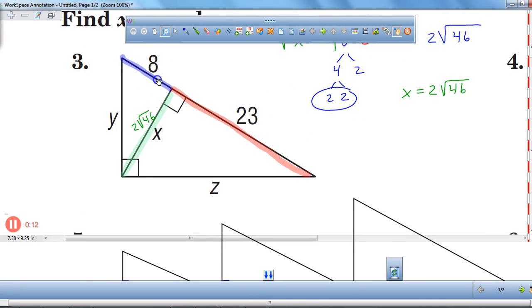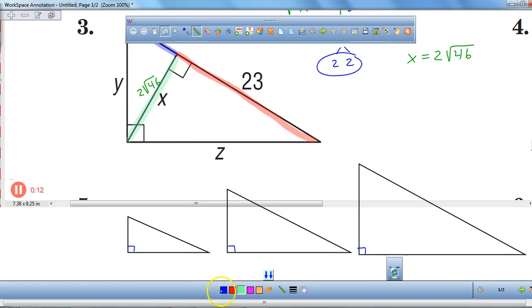Now I'm going to label the sides. In the small triangle, the shortest leg is an 8. So I'm going to highlight this side right here and make it an 8. The middle leg is 2 radical 46. I'm going to highlight this side right here, and make that side equal to 2 radical 46.